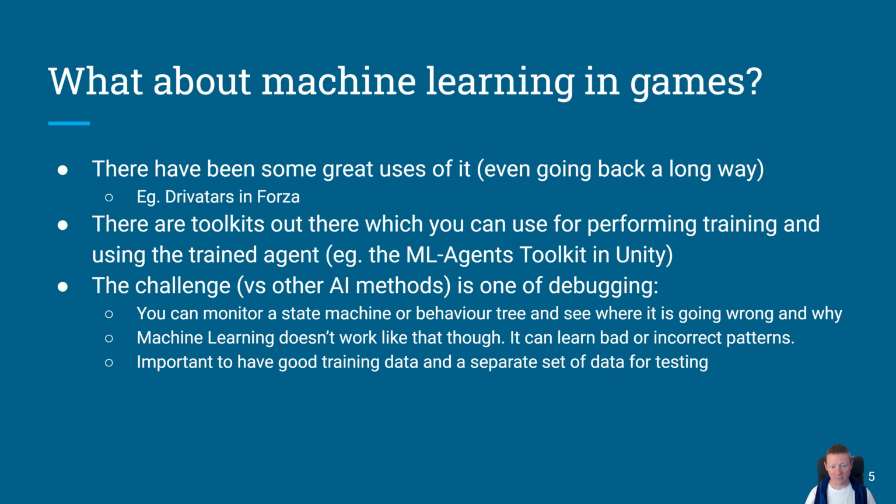Because this is the other thing with machine learning: there's a difference between learning and memorizing. Something can end up where it's memorized a pattern, not actually learnt it. The difference between those two is that something that's memorized, when given that same sort of input, can reproduce the good output.